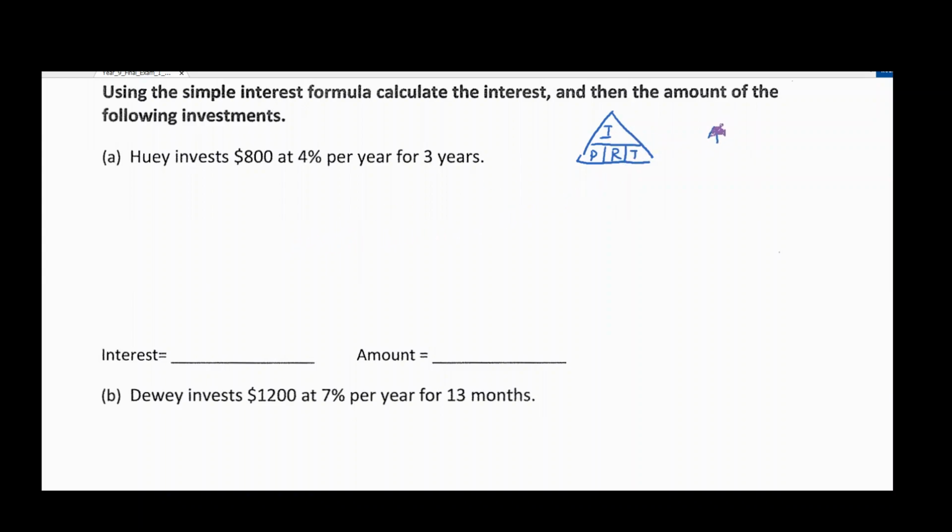And the amount is equal to the principal plus the interest. So we invest 800. So 800 is our principal. P equals 800. 4% per year. Our rate is equal to 4 divided by 100. And our time is equal to 3.